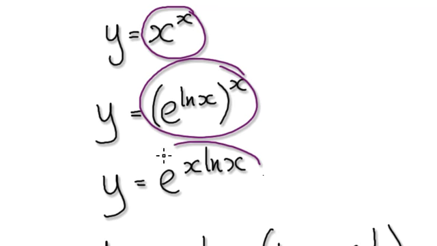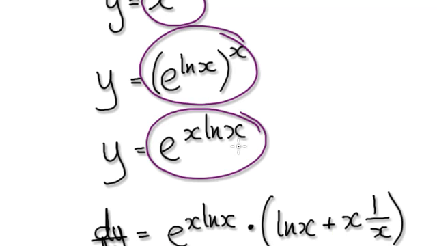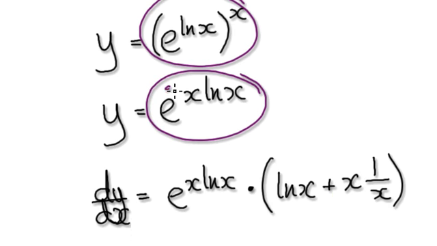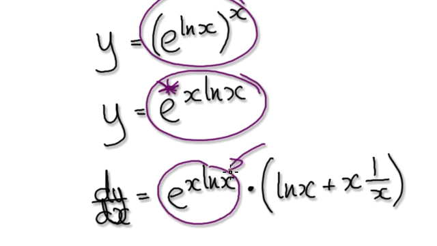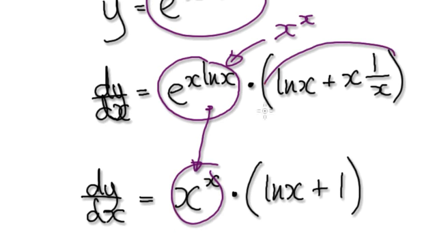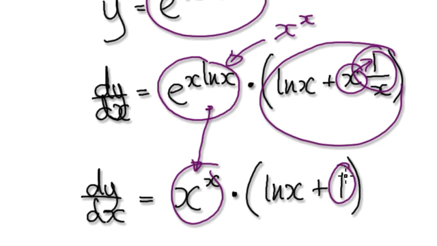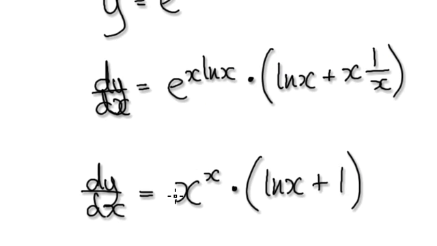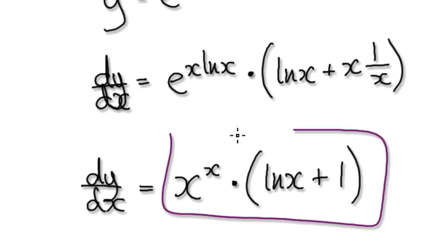This thing is exactly the same as this thing, so this thing here is x to the power of x. And then this gets multiplied to the top, so it becomes 1 here. Anyway, dy by dx equals this thing here.